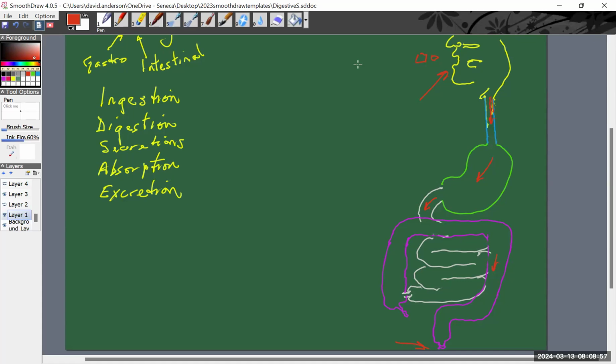One of the major nerves involved here would be the vagus nerve. And remember, parasympathetic division was about rest and digest. So this is the part of the nervous system that we're concerned with when we look at influencing the rate of secretions and motility through that digestive system.